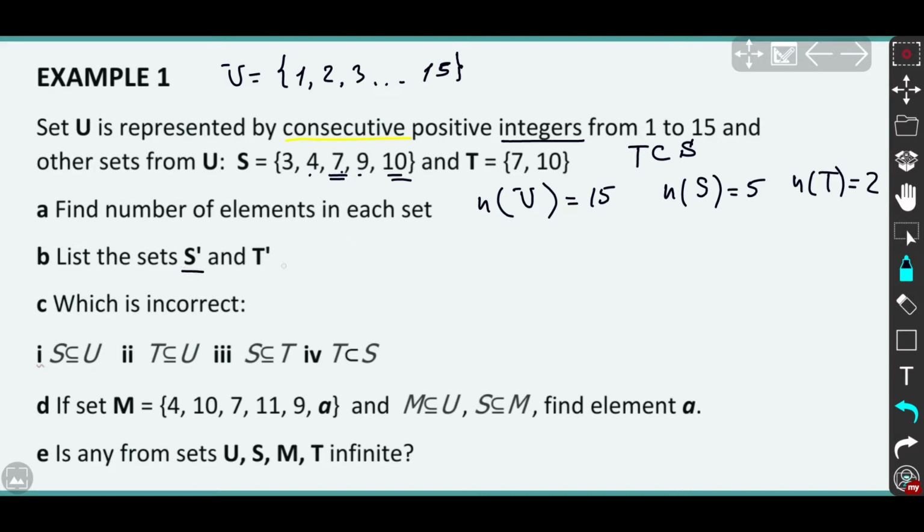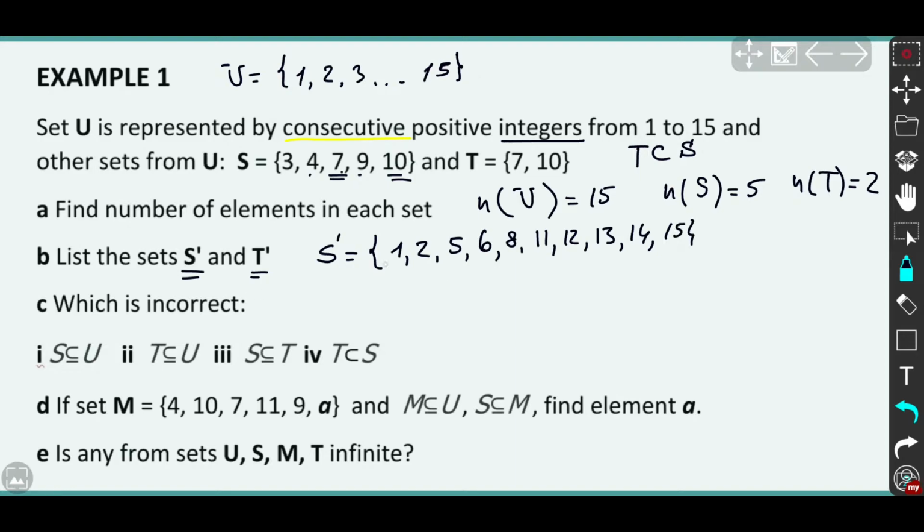All right, so we need to list not S and not T. In this case, not S is everything except S within the universe. So we just list the elements of U except those contained in set S. We start from the very beginning: 1, 2, then 5, then 6, 8, 11, 12, 13, 14, 15.